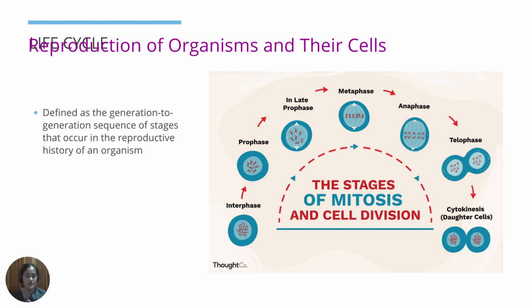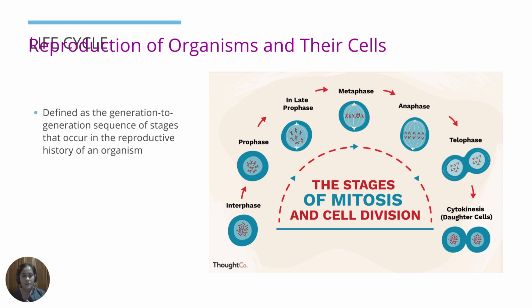If you can see, during the interphase, single cell pa lang yan, ha? And pagdating ng prophase, ayan na, nagkakaroon na ng reproduction dyan. Hanggang sa metaphase. Pagdating ng anaphase, maghihiwalay na sila. Sa telophase, magsisimula na silang maghiwalay, hanggang pagdating ng cytokinesis, yung apat, di ba, X yan.